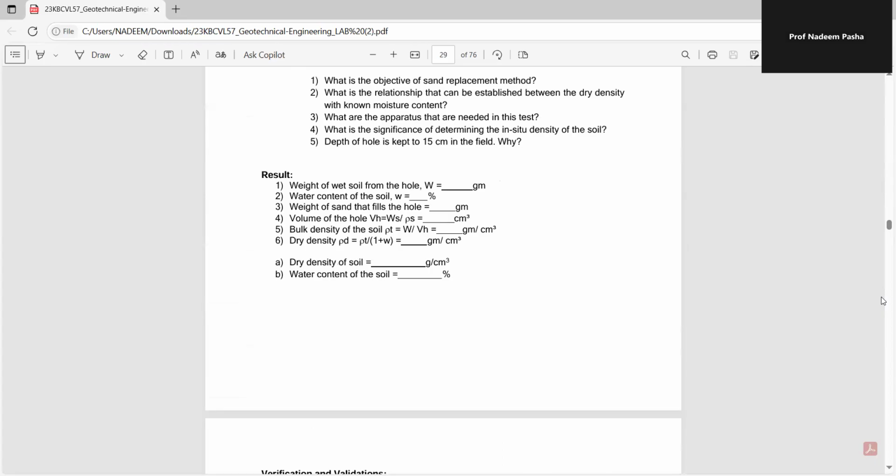What is the significance of determining the in-situ density of soil? In-situ density of soil is a very important parameter to know the bearing capacity of soil and its stabilization properties.